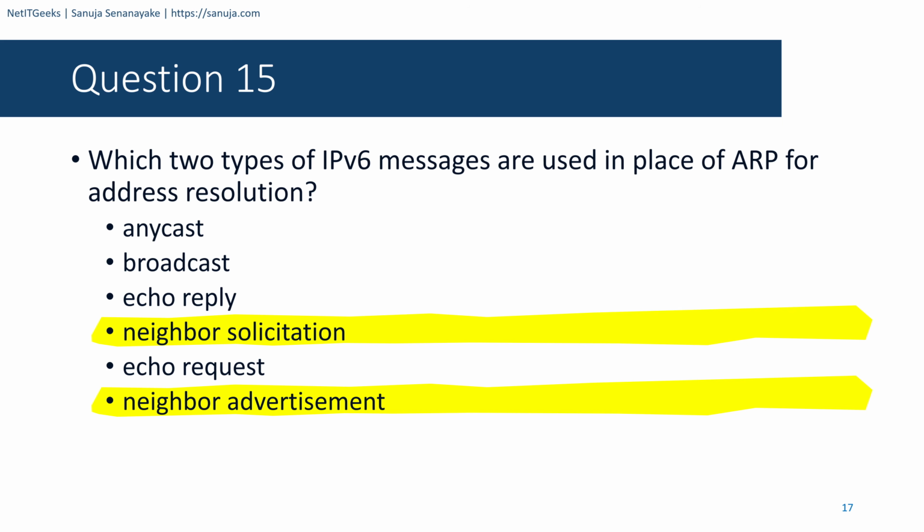Those include the router solicitation, router advertisement, neighbor solicitation, neighbor advertisement, and network redirects.